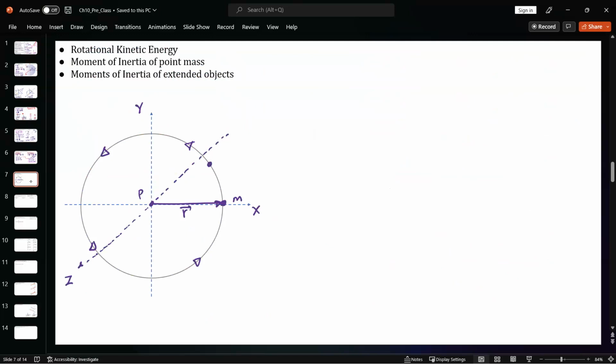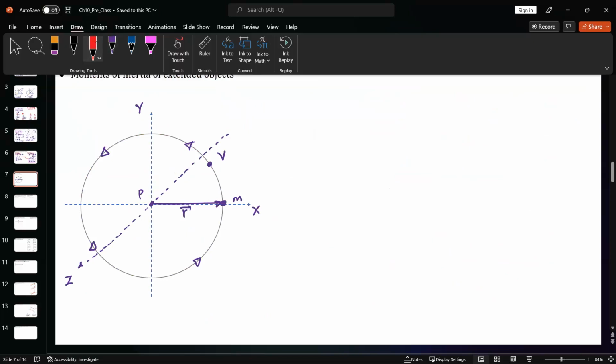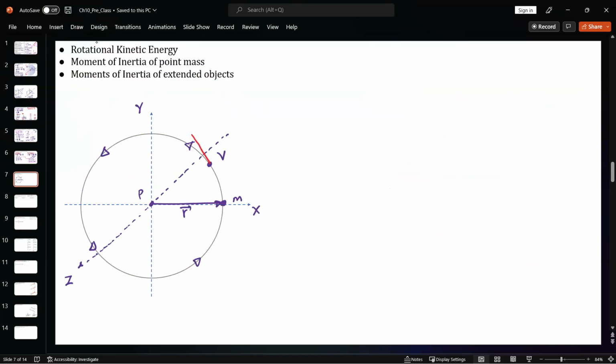At that point, the object's tangent velocity is v, and the object has angular velocity omega. Since this is counterclockwise rotation, the angular velocity direction is toward the k hat direction.